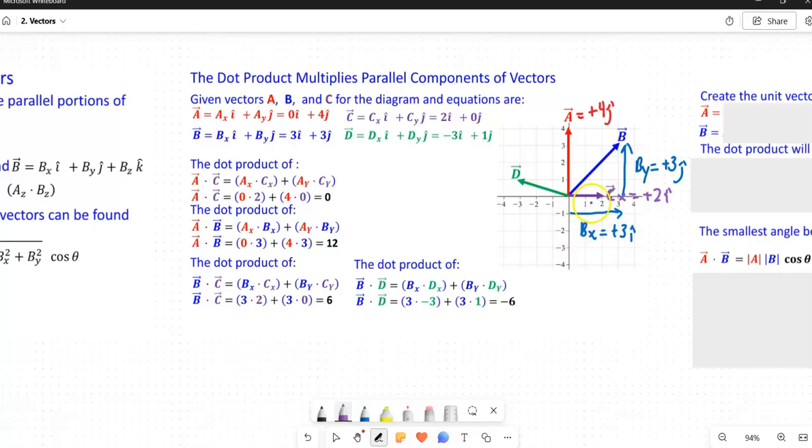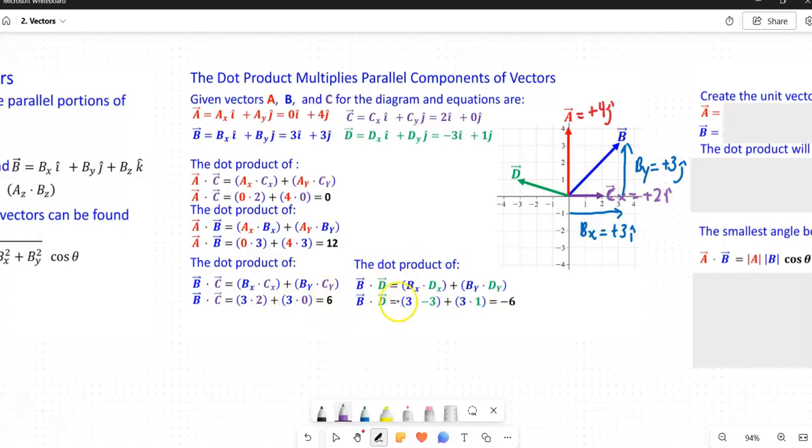Well, the two parallel components are Cx and Bx, which is positive 2 times positive 3, so the answer should be positive 6. But math-wise, you take the x direction components of those, which will be 6. The y direction component will be positive 3j times 0 for the C vector. So that'll be 0.